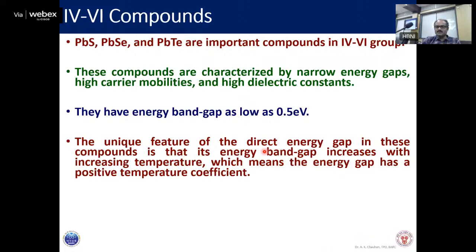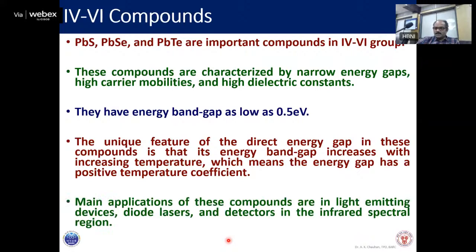A unique feature is the direct energy gap. Germanium has an indirect energy gap, and silicon also has an indirect energy gap. But in these 4,6 compounds, the band gap is direct. Direct energy band gap materials are very useful as optical materials, for optical properties and optical devices.